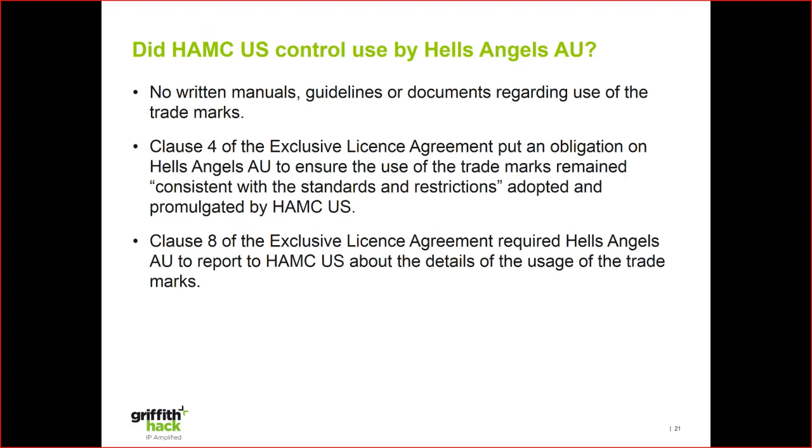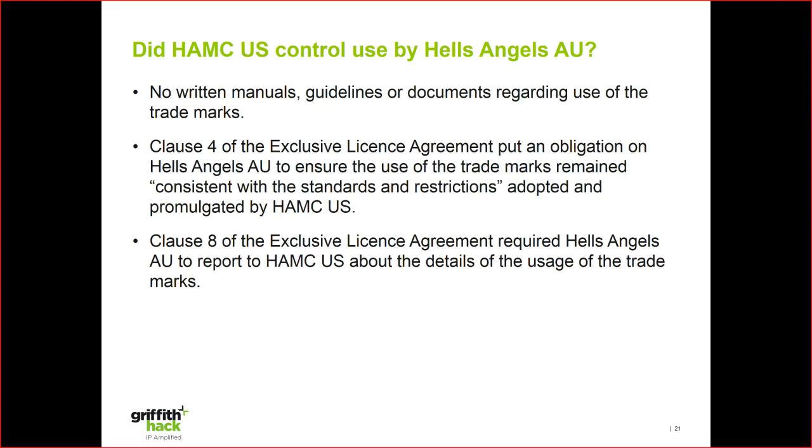But they were pretty organised, and they had a license agreement between the two entities. So the license agreement was in 1987 originally, and then it was updated in 2010. And in that license agreement, it gave exclusive license or right for the Australian entity to use the Death Head logo and the Hells Angels trademarks, and the use of the trademarks had to be consistent with the standards that they said from time to time.